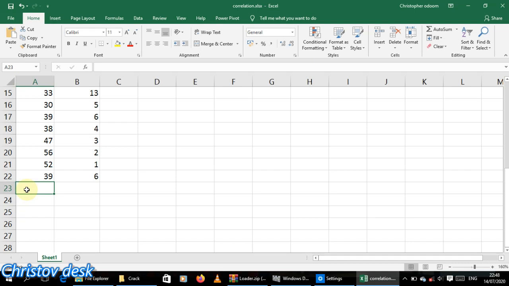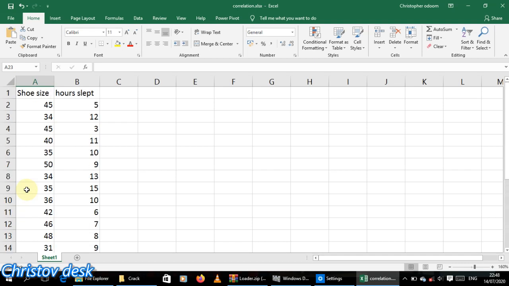Because this data is quantitative, you can find the mean, the variances, and the standard deviation.